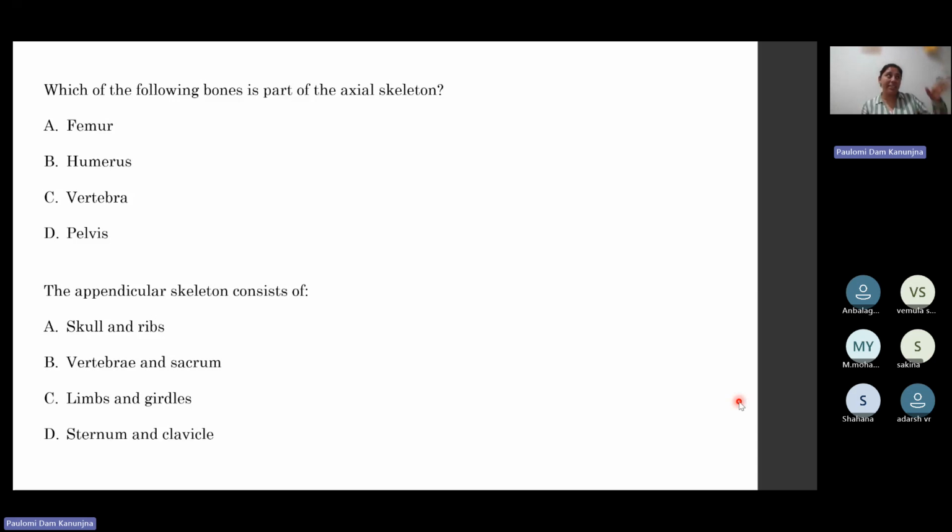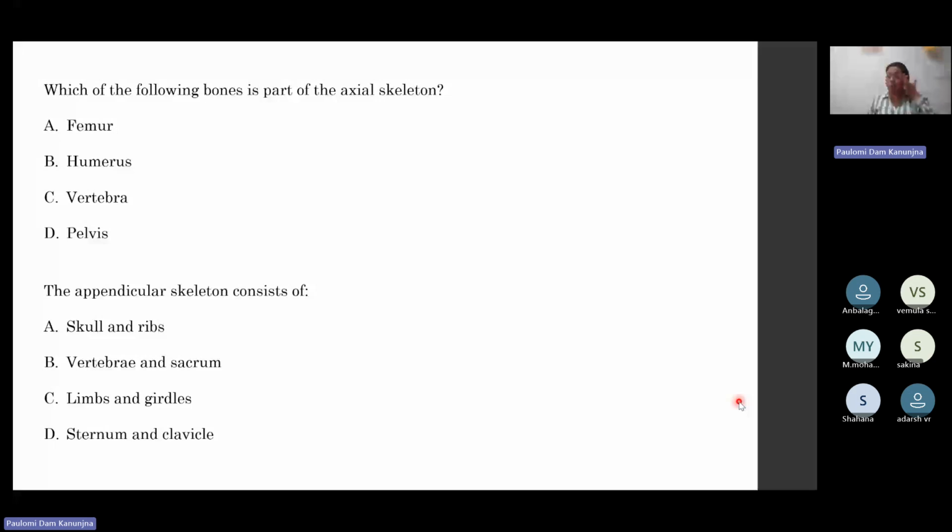Remember what is axial? Axial is basically something that gives the backbone or axis to your structure. And appendicular is basically anything that supports the main or the central bone. So when you talk about axial skeleton, you're basically thinking about something which is giving structure to your body.